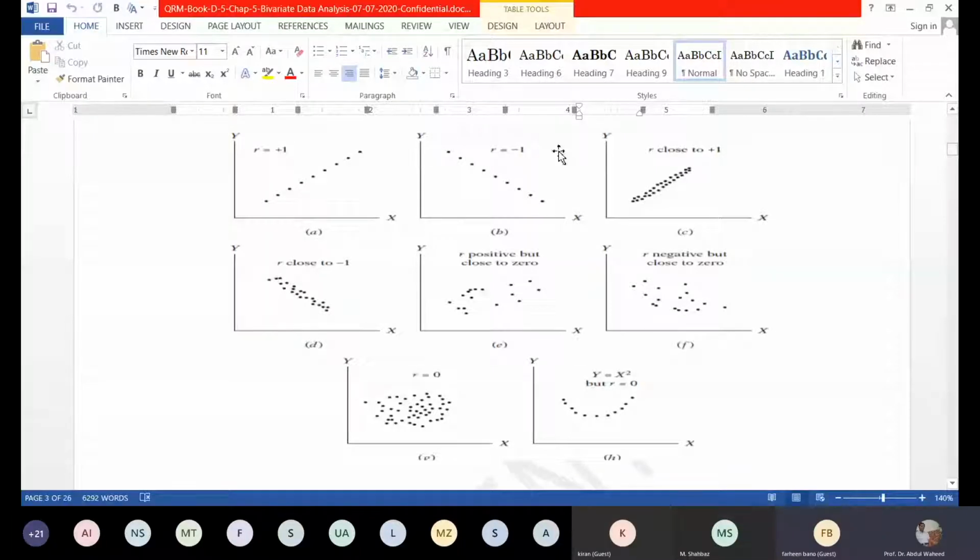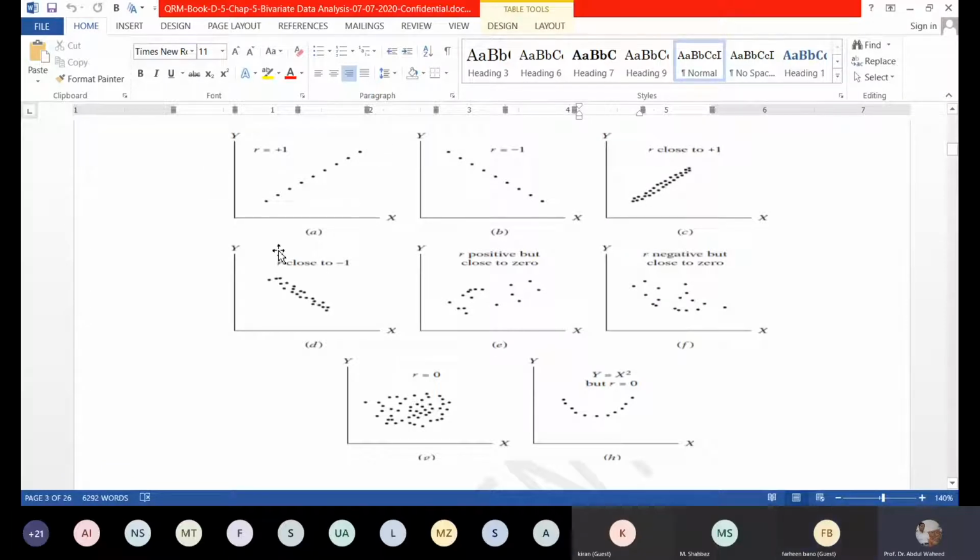Through the scatter diagram we want to know about the nature and extent of correlation. You can see here, if I draw a straight line, all points would be on the linear positively sloped straight line.